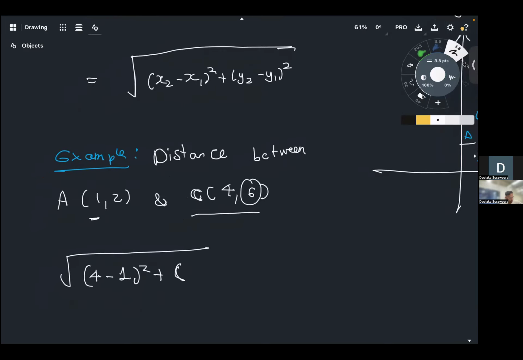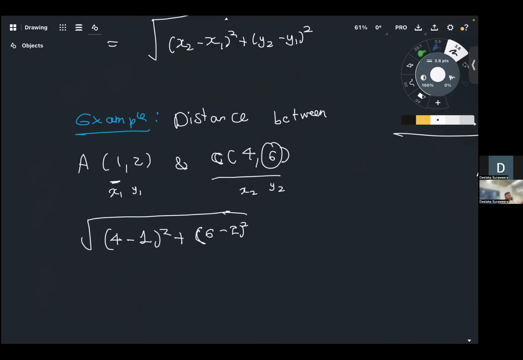So this is x1, this is y1, this is x2, this is y2. So y2 is 6. What's y1? 2? Yeah. It's all right, we're not judging if you're struggling with questions at all.